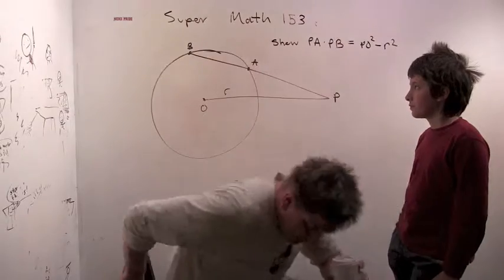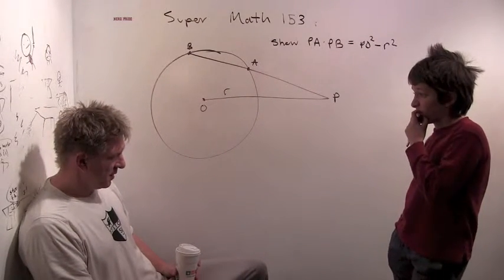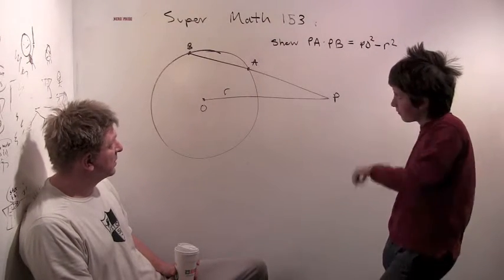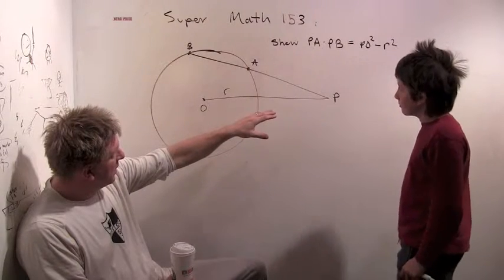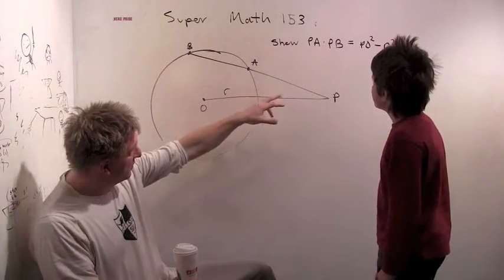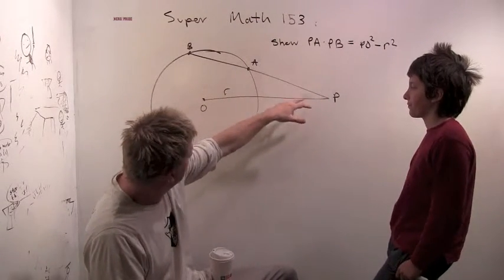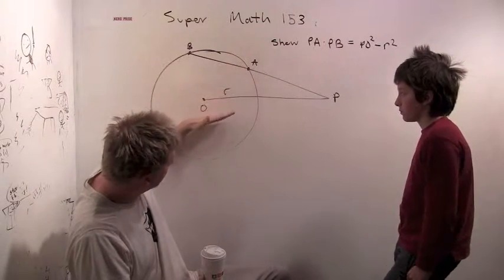SuperMath153. So we're doing the review section in Power of a Point, and this is one of the review problems, or it's based on one of the review problems. You have a point outside of the circle, and Power of a Point says that for any chord from P, PA times PB is equal, no matter how I shift that chord.